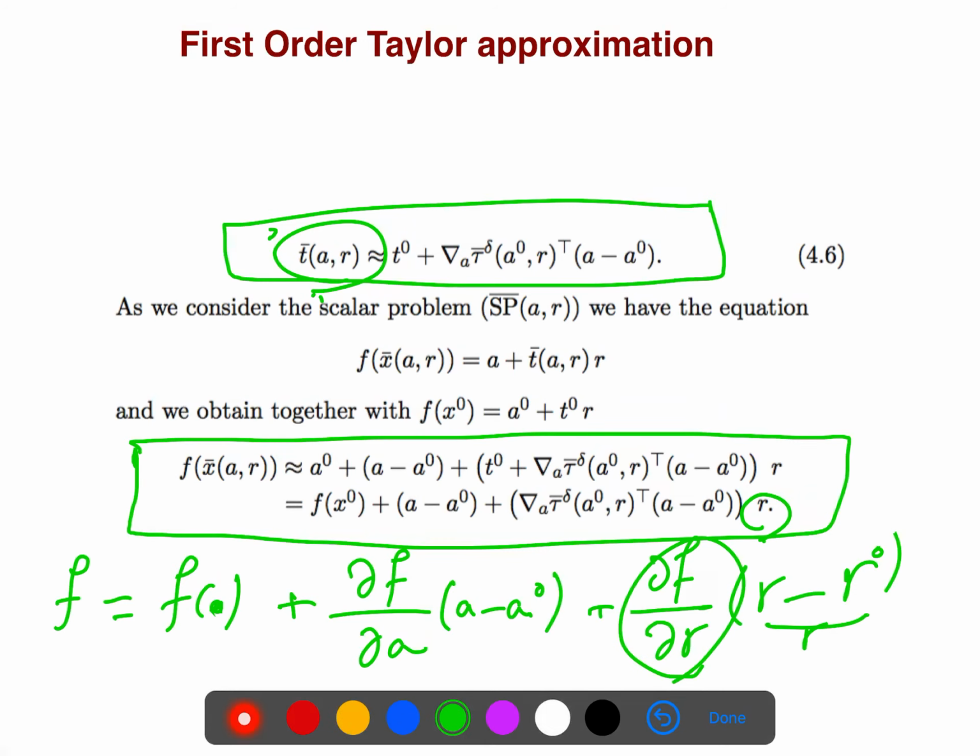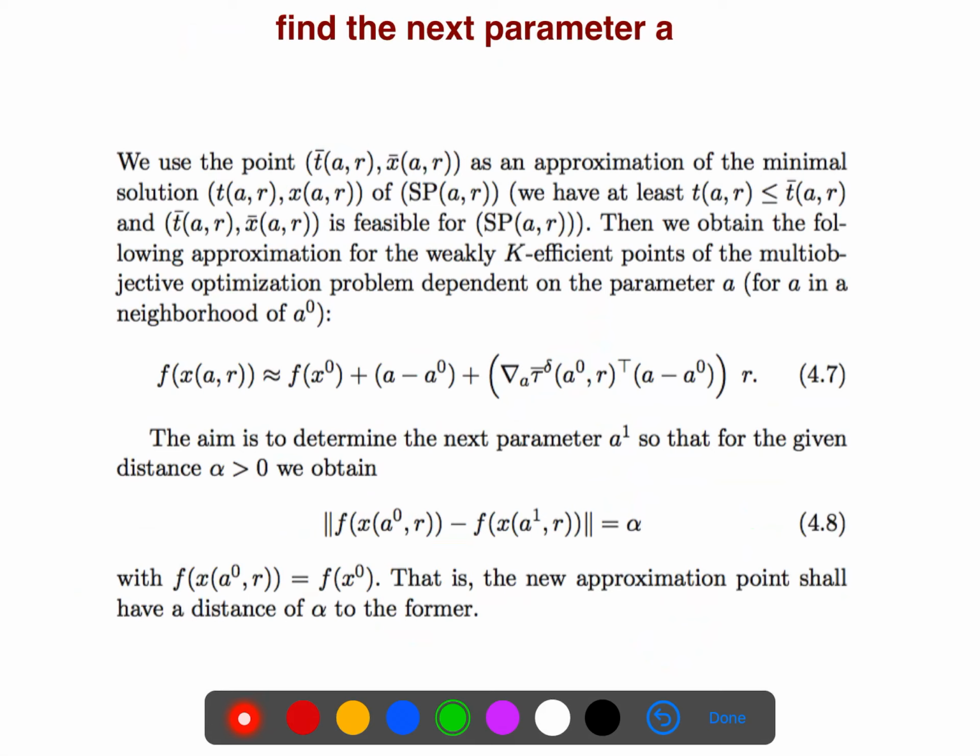The partial derivative with respect to r is this coefficient t bar, which has the definition here. That's why this holds.